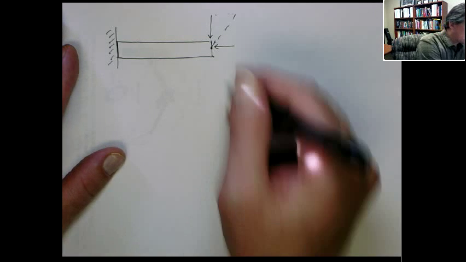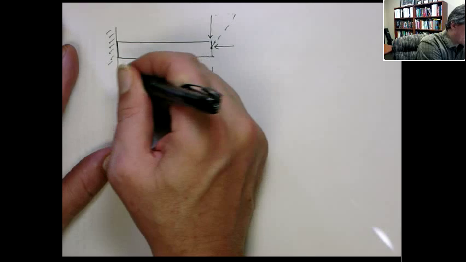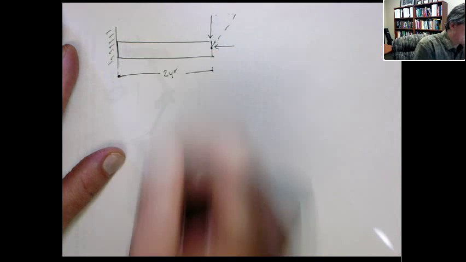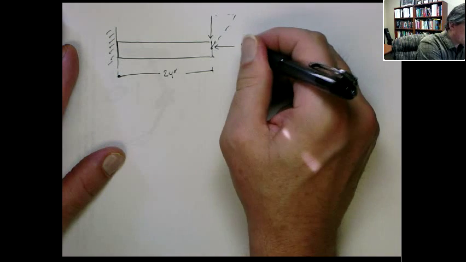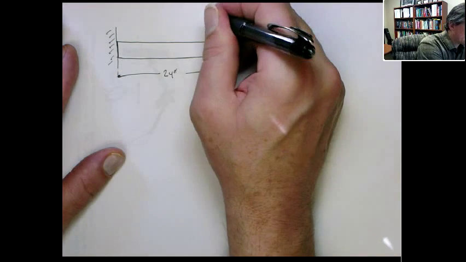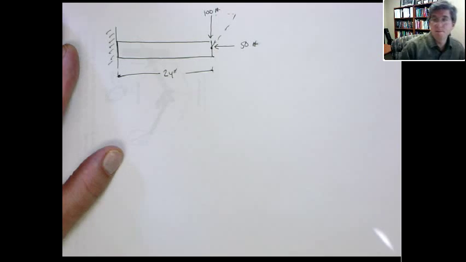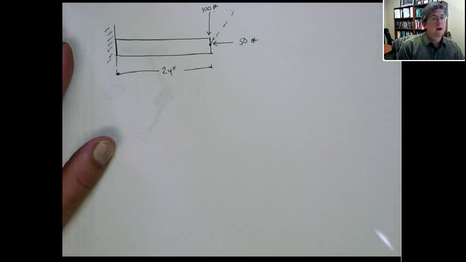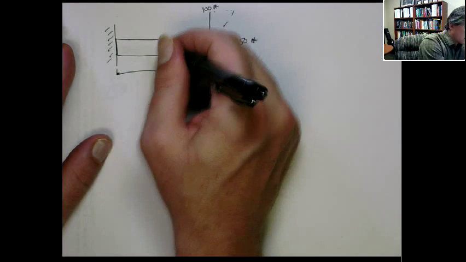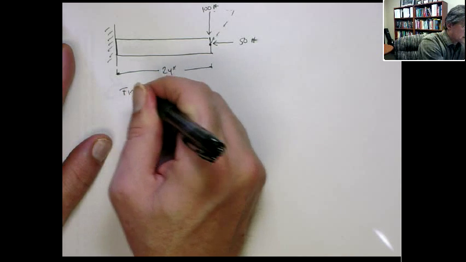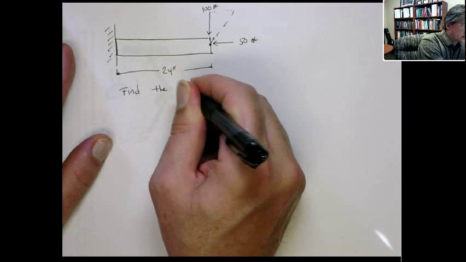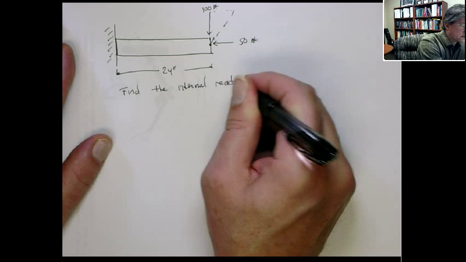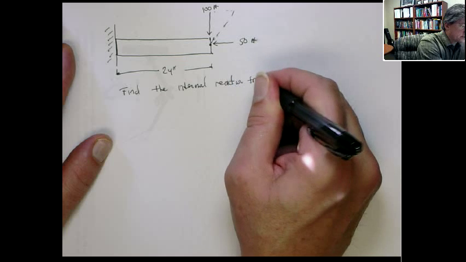All right. Let's give this thing a length of 24 inches, 2 feet. And let's call this 50 pounds, and this is going to be 100 pounds. Now, a typical problem would be: find internal reaction forces.